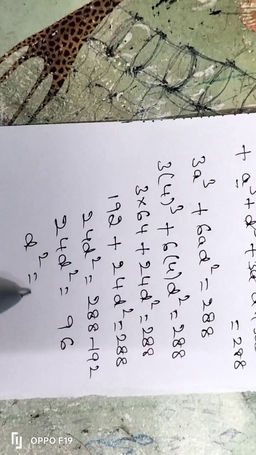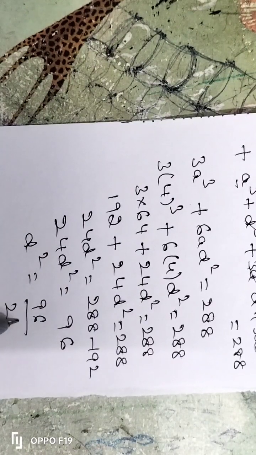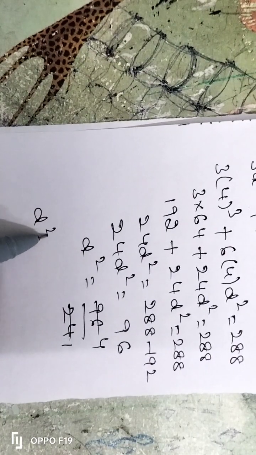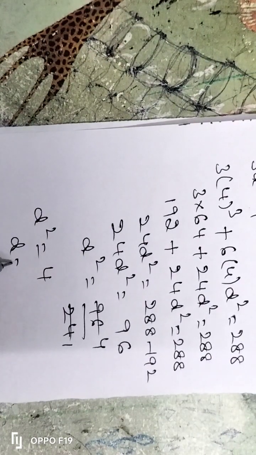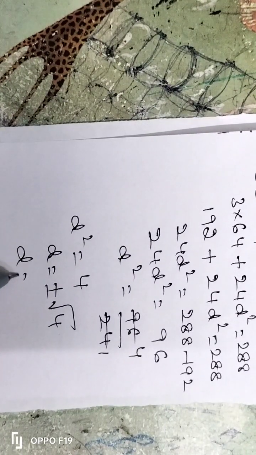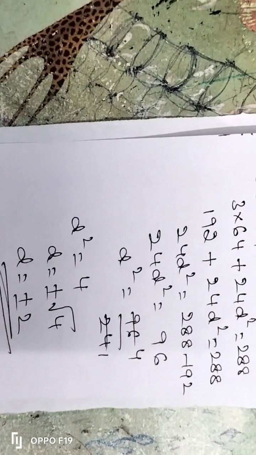So d square is equal to 96 by 24, which is 4. So d square is equal to 4. d is equal to plus or minus square root of 4. So d is equal to plus or minus 2.